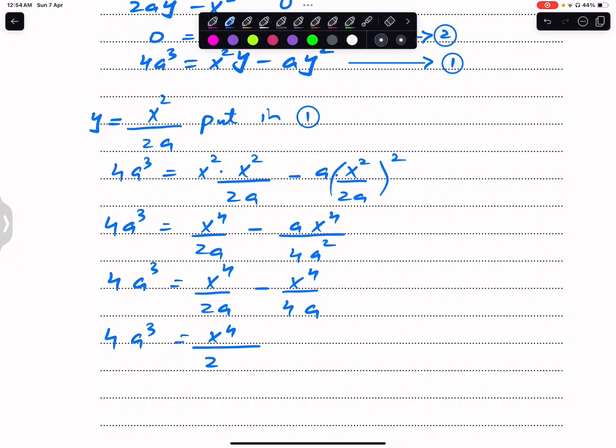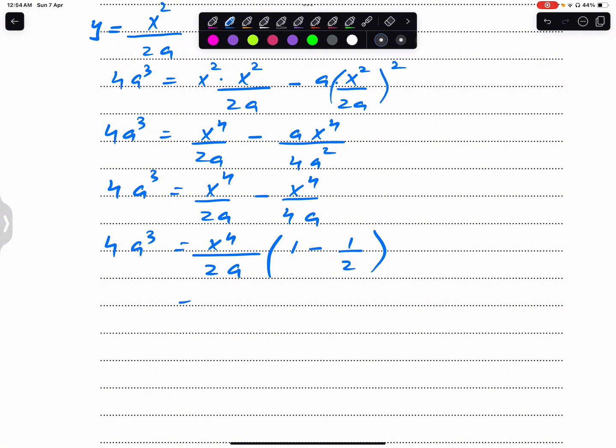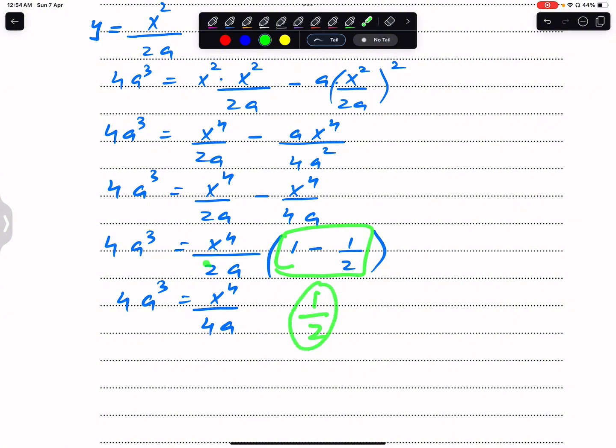So inside will be 1 minus 1 over 2, and that is 1 over 2 simply. So x4 over 4a is equal to 4a cube. How? Because if you put this in a calculator, this will give you 1 over 2. So 1 over 2 times 1 over 2a will be x4 over 4a.